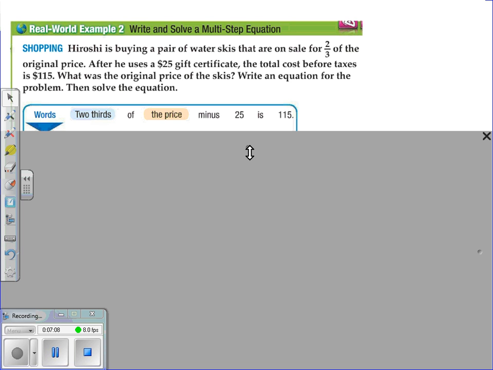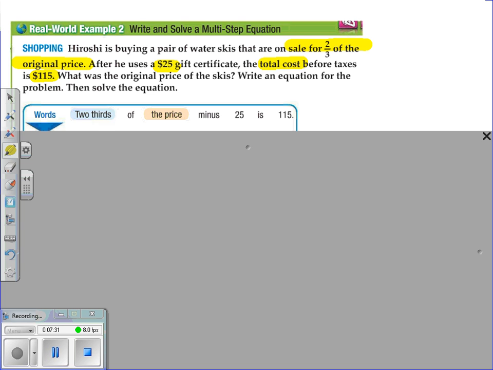We know that it's on sale for 2/3 of the original price. And we know he's going to use a $25 gift certificate. So we're going to subtract that from what he has to pay, right? And we know the total cost before taxes is $115.